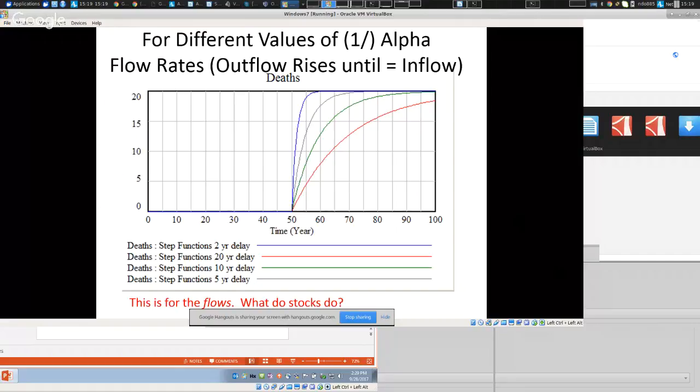So if alpha is very small, we'll have a long delay. It'll take someone a very long time to leave the stock. It'll take a long time to adjust to the new value. By contrast, if alpha is quite large, in other words, tau is small, we'll adjust quite quickly to whatever new value we have.